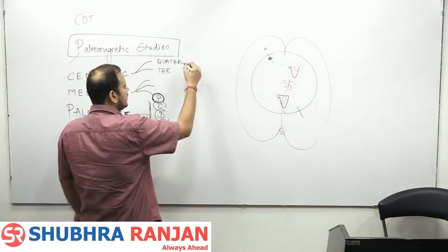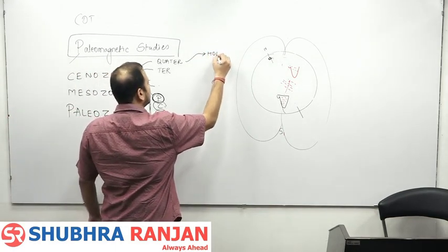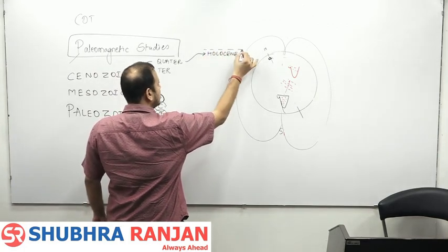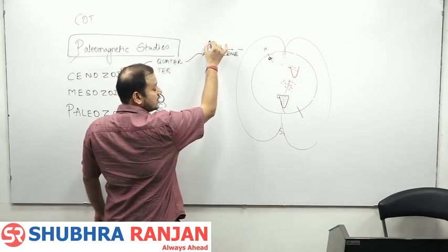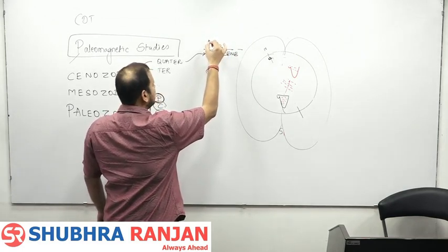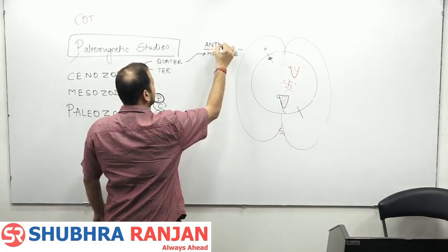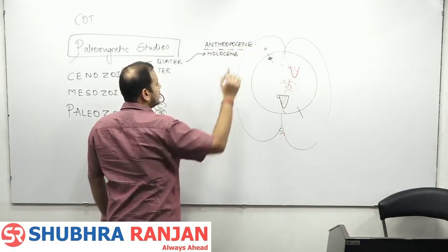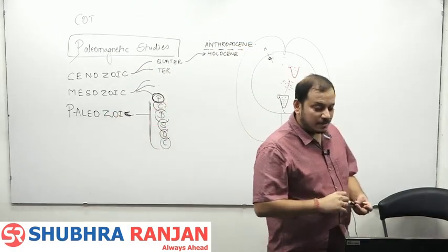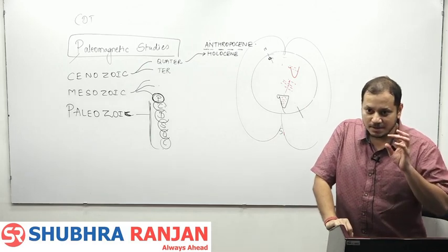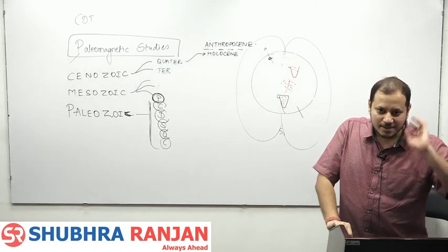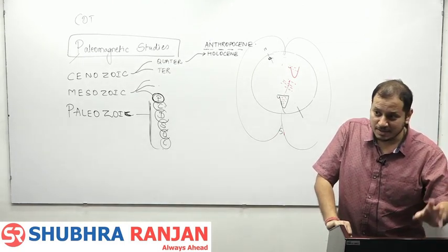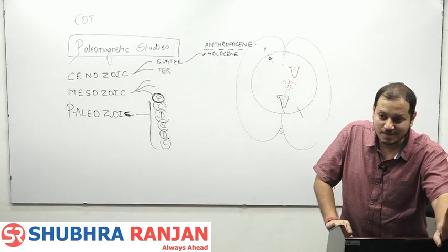Quaternary is further divided into Holocene, and recently last month scientists have decided to add the latest epoch when human beings have changed the face of the earth. So the last XYZ years when human beings have dominated the face of the earth and have caused irreversible changes on the face of the earth is what is known as the Anthropocene.